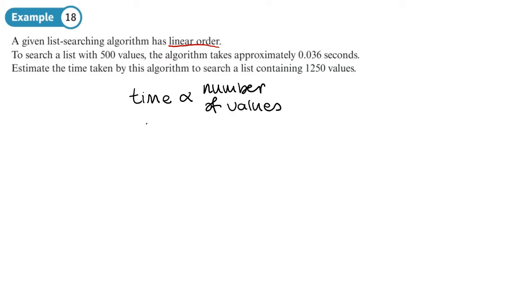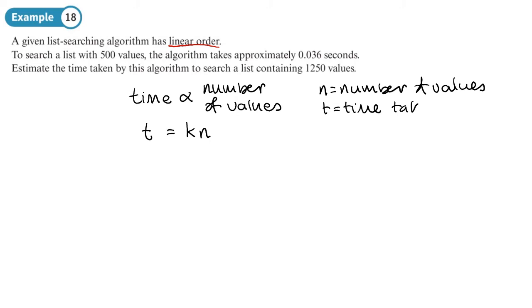So the time t is equal to k times the number of values. Here n equals the number of values, and t is the time taken. So with a linear order, it's going to be a linear proportion.